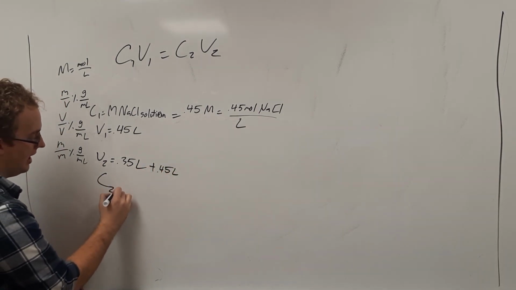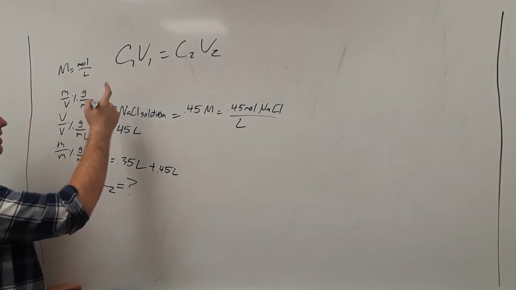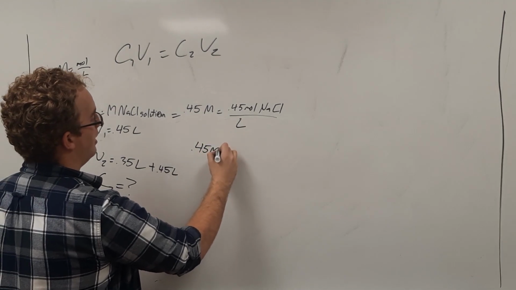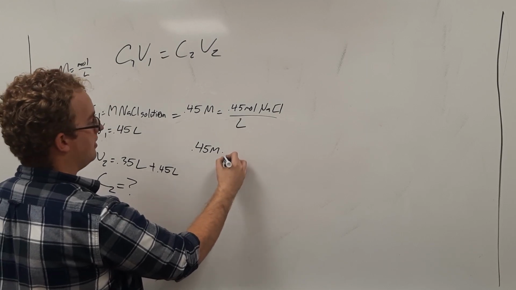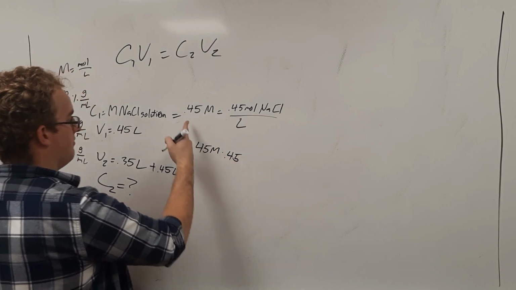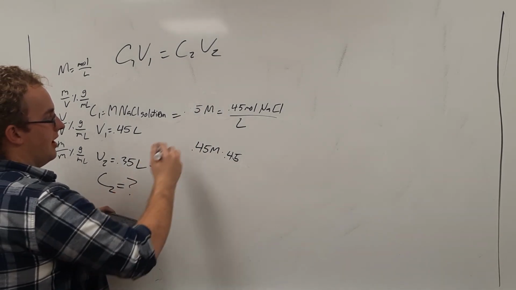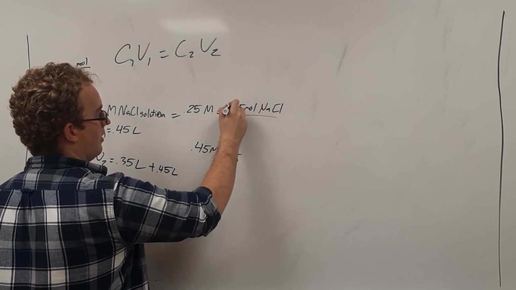And it might ask us what our new concentration is. Well, we would just plug our things into this equation here. So we have 0.45 M times V1, which is 0.45. I used the number 0.45 twice, I'm sorry, that's confusing. Let's change this to 0.25.